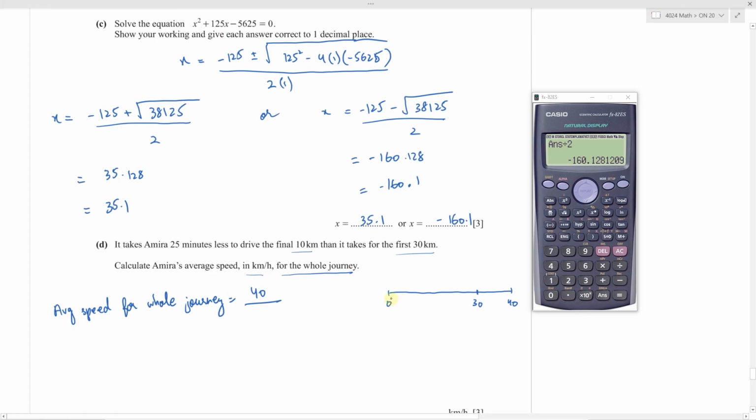So for the first 30 kilometers, she took 35.1 minutes. And then for the last 10 kilometers between 30 to 40, it takes her 25 minutes less to drive the final 10 kilometers than it takes her for the first 30 kilometers.